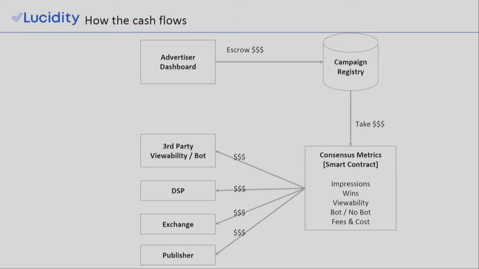The advertiser deposits payments for a campaign. As the smart contract keeps track of all those events, it sends payments from the advertiser to all the participants in the supply chain, bringing efficiency to payments in digital advertising.